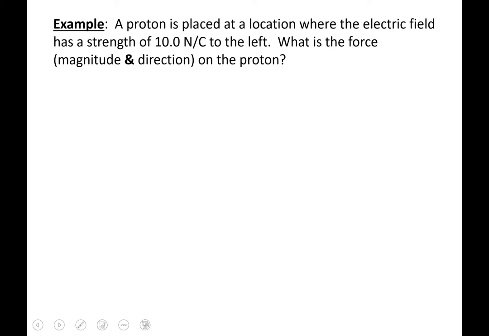Okay. We're going to do this by having both a magnitude area as well as a direction area. Since what we're practicing right now is the equation, let's start with the magnitude.